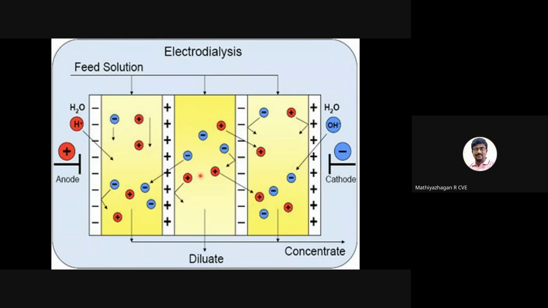It doesn't allow the water to pass through; it allows only the ions. Because of that, the central chamber has clear, dilute water. We get distilled water, that is, ion-separated water, from the center. These things happen when we introduce the electrical charge on both sides, anode and cathode.